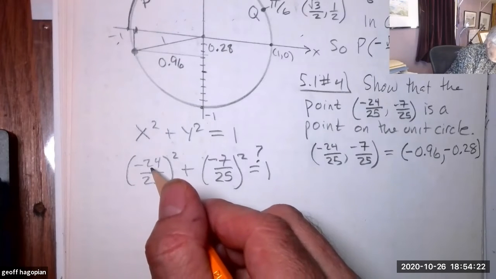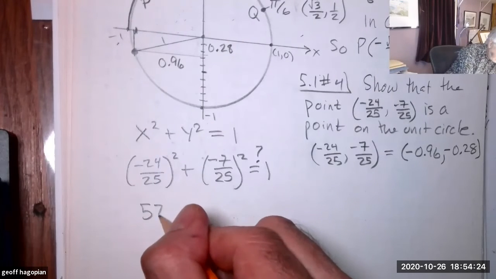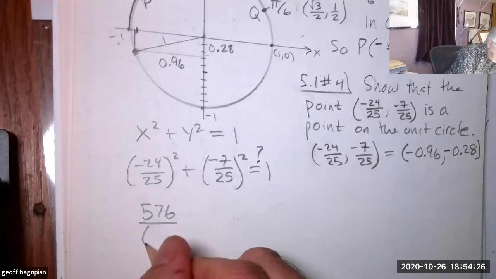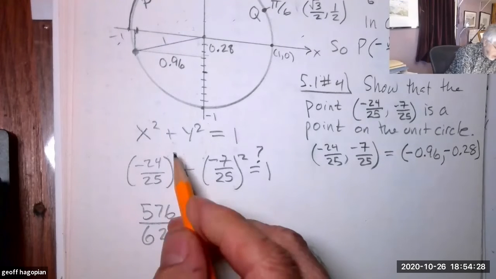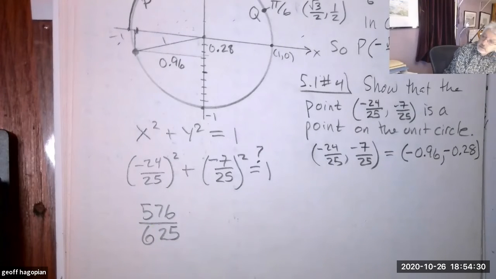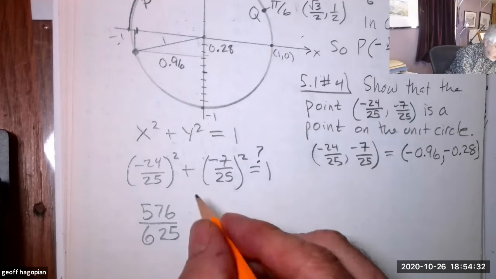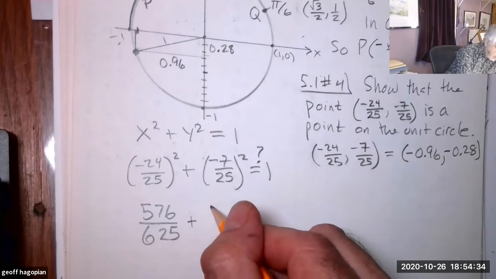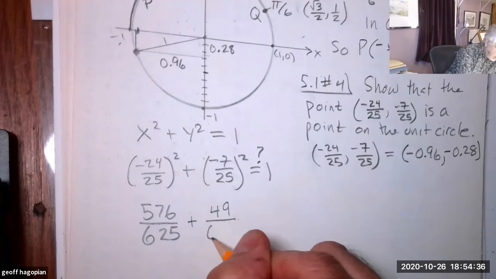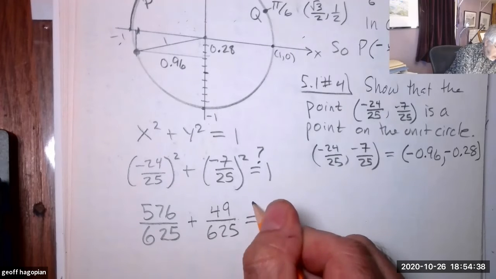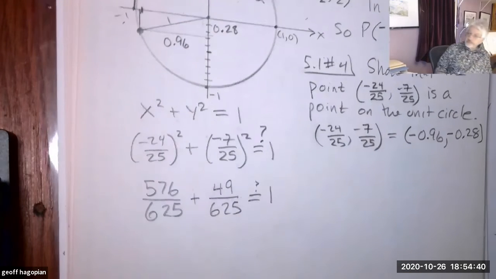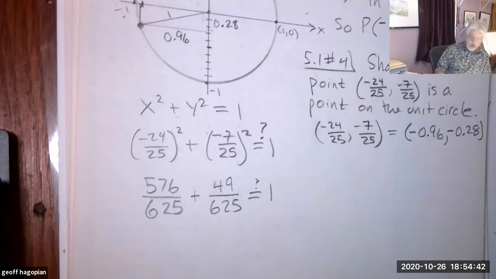So 24 squared is 576. 25 squared is 625, and the square of a negative is positive. So we get that fraction. And then 7 squared is 49 over 625. Is that equal to 1? If so, we got a point on the unit circle.